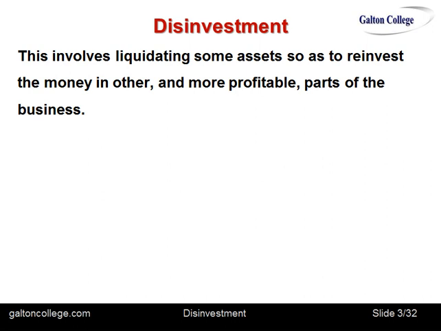So it's looking critically at profitability of different parts of the business and then disposing of those parts which are not contributing significantly to the overall performance of the business. So it's readjusting the portfolio of assets.